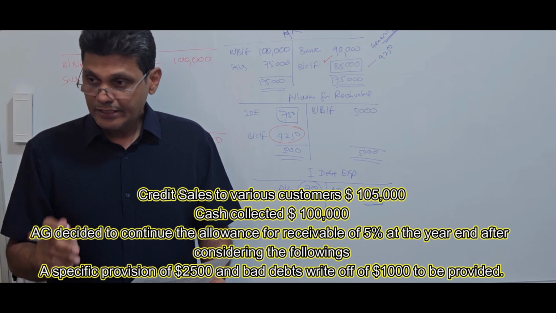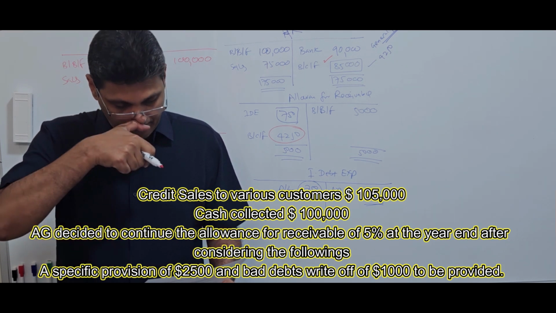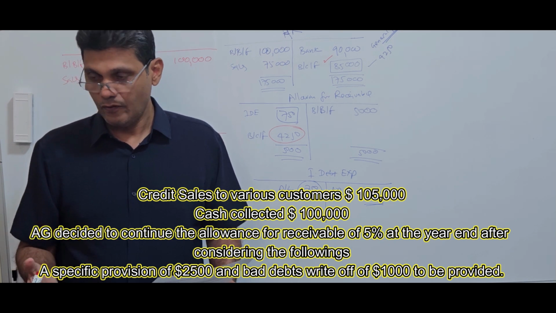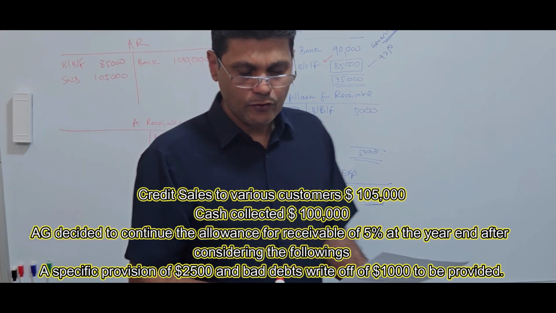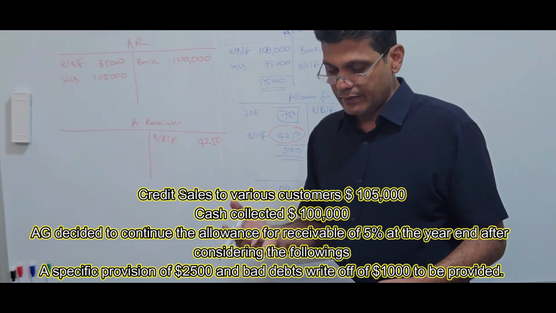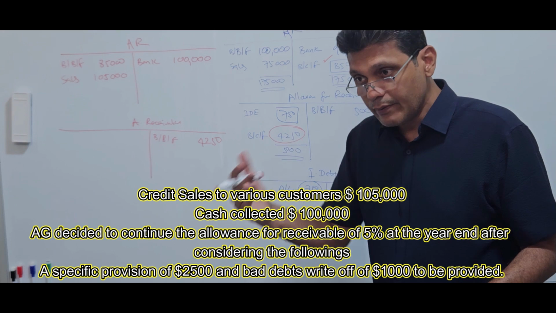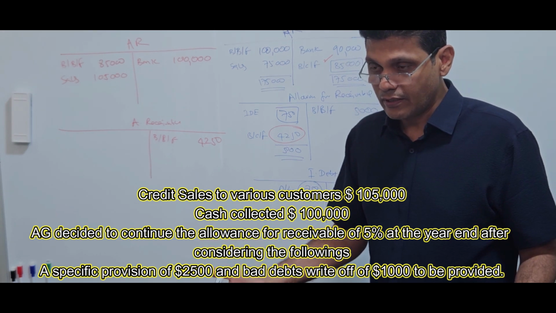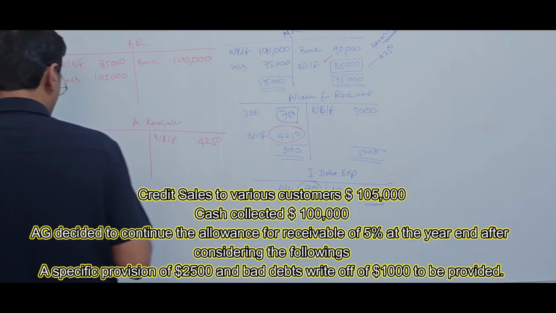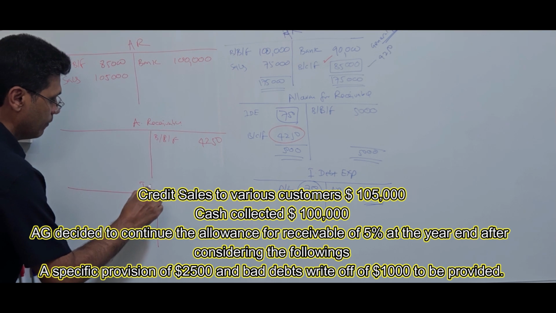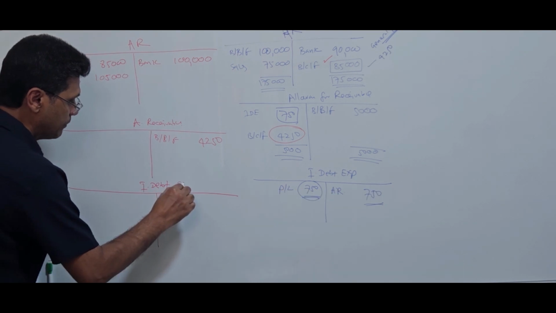Now AG has identified 1,000 worth of receivable to be written off, which cannot be collected. Maybe the customer is bankrupt. So this 1,000 has to be removed from your accounts receivable. You understand? So you should write off that amount to the irrecoverable debt expenses account.